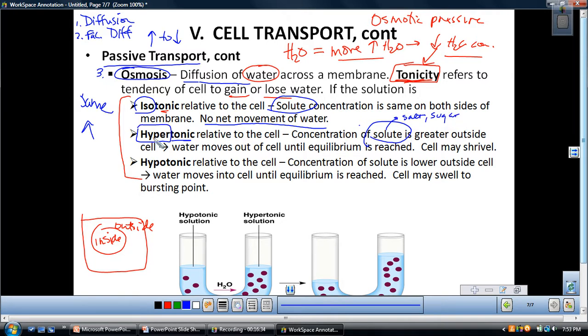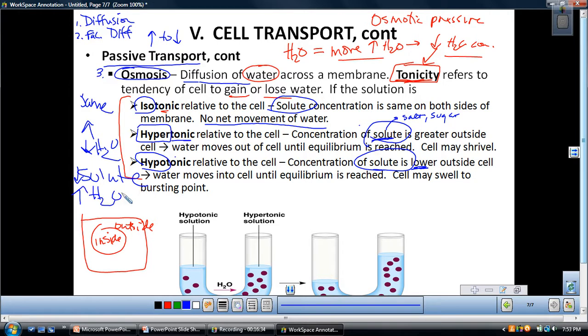So if it's hypertonic, we say it's high solute, and if it's high in solute, it's going to be lower in water compared to the other side of the cell. So if it's a hypertonic environment, it's high solute, less water. Just like hypo means under or lower, that would be less solute. So I'm going to write right here, less solute, and therefore it would be higher in water concentration.